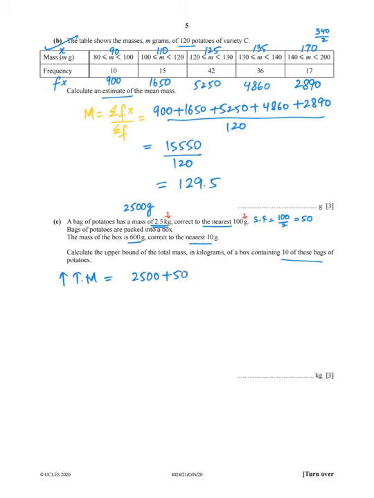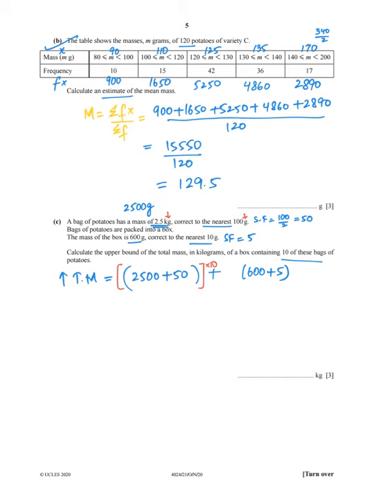Then we add the box: the mass of the box is 600 correct to the nearest 10, so the upper bound is 600 plus 5, because half of 10 grams is 5 grams. Now we multiply the mass of the bag of potatoes by 10 because there are 10 bags.